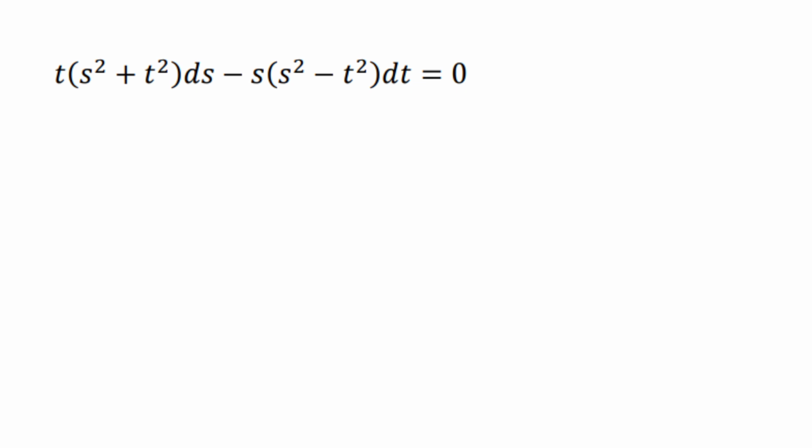T times the quantity of s squared plus t squared ds minus s times the quantity of s squared minus t squared dt is equal to 0. This problem is an example of a homogeneous differential equation. Why?